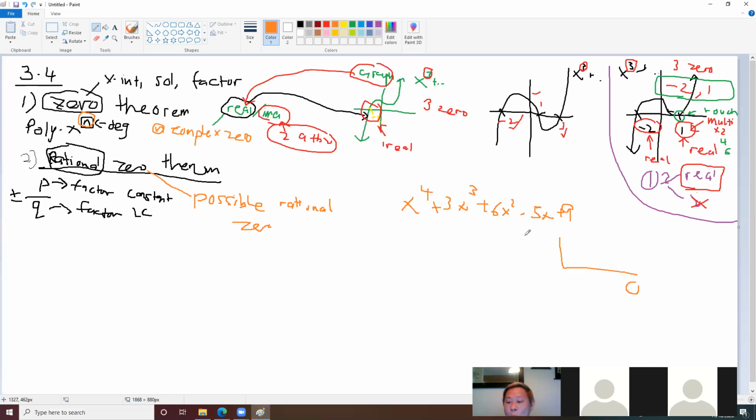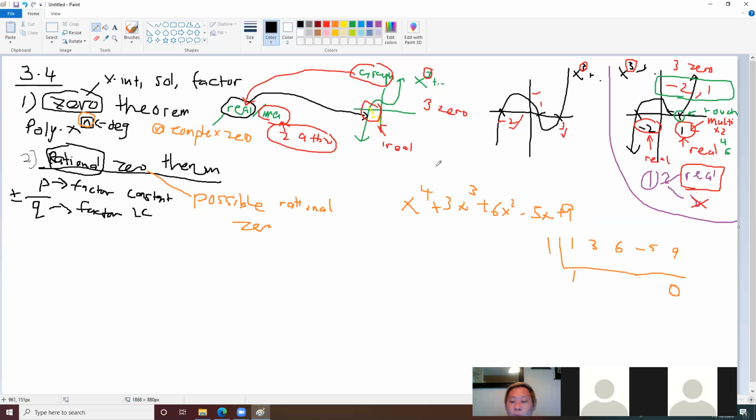Because this time you're going to try 1, and do the 1, the 3, the 6, the -5, and the 9. If you do the synthetic division here, you find out that you have to do it a lot of times. The reason why is because you don't know which one is a 0 until you prove that this is 0. This is what you did in synthetic division in 2.3. So I didn't provide you any zeros at all.